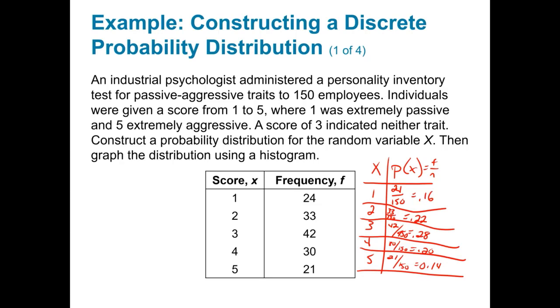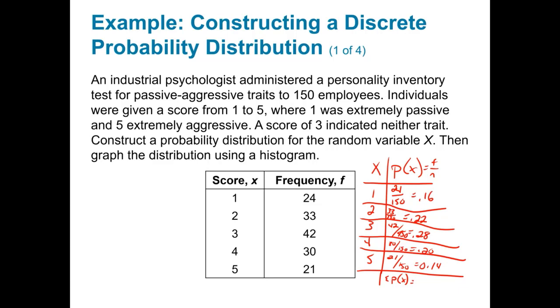Now, how do we know if this is a valid probability distribution? Check each one first. Are they all between 0 and 1? So they're all between 0 and 1, so it meets that check mark. So then the last thing to do to make sure, just find the sum of the probabilities, add them all up. So 0.16 plus 0.22 plus 0.28 plus 0.20 plus 0.14, what do you get?